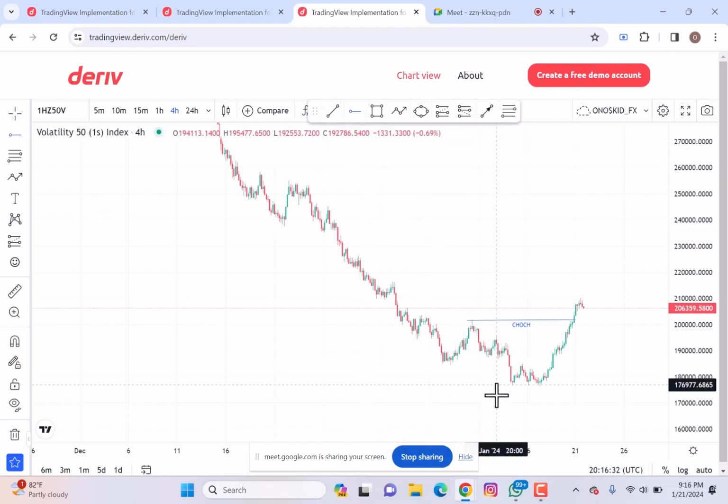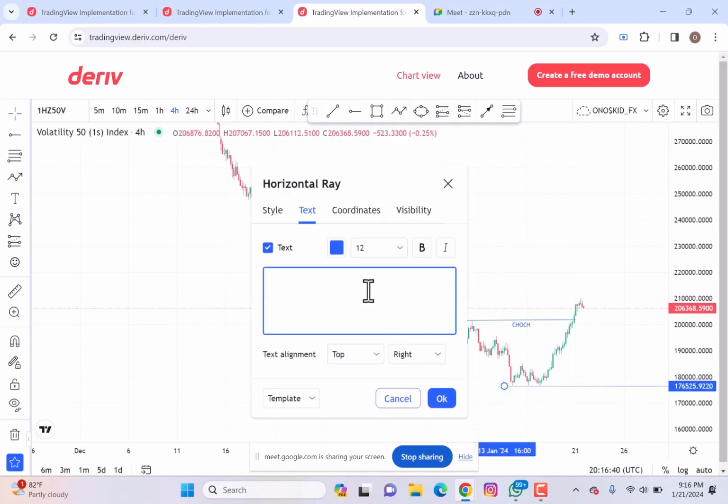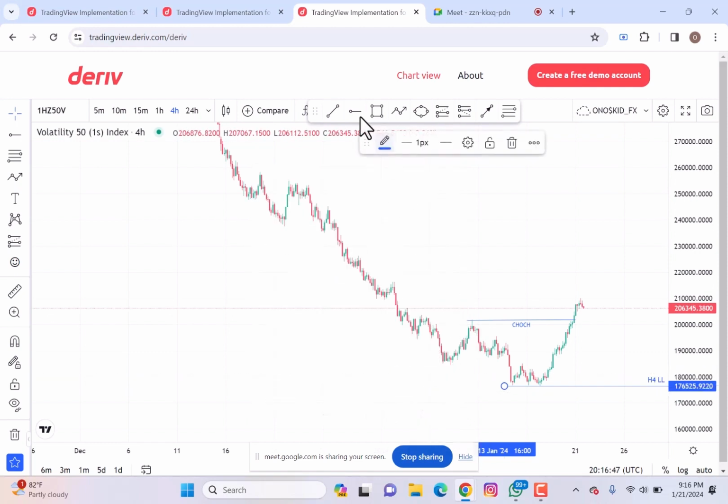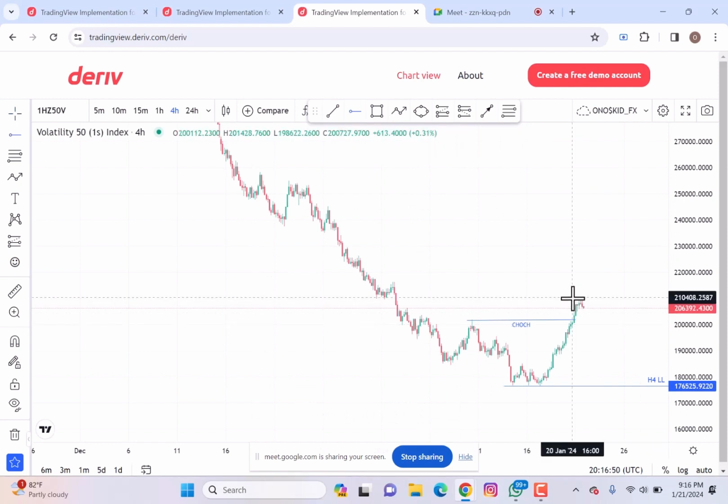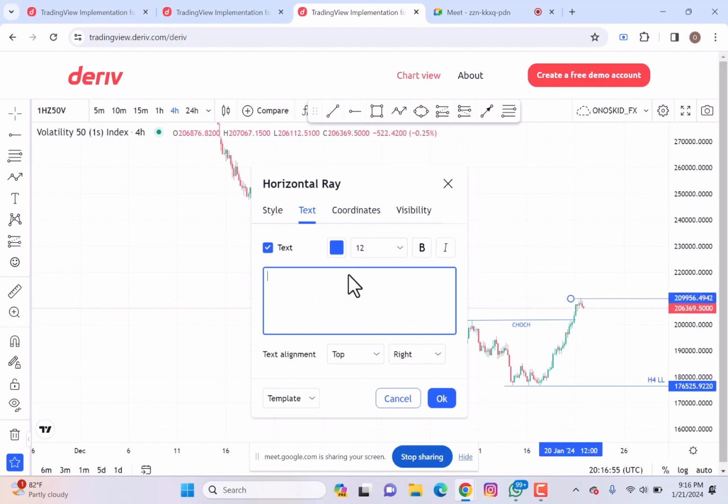So at this point, I am going to mark here and I'll call it H4 lower low, because of course that is what it is. And then this particular point, I'm going to call H4 new higher high.